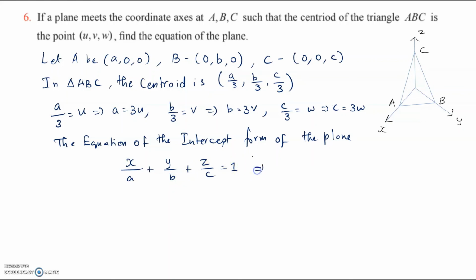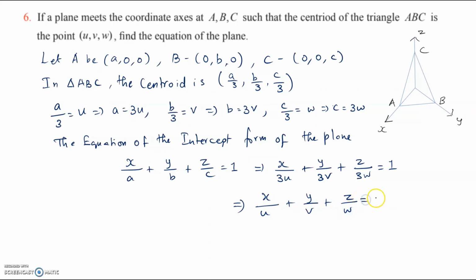Therefore, replacing the values of a, b and c here, we get x by 3u + y by 3v + z by 3w = 1. Further, you can simplify this and say x by u + y by v + z by w = 3. So that's the required equation of the plane.